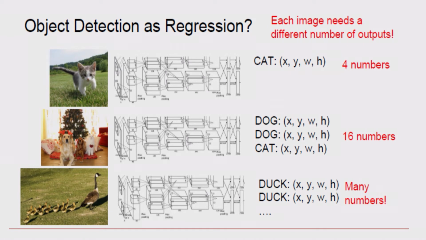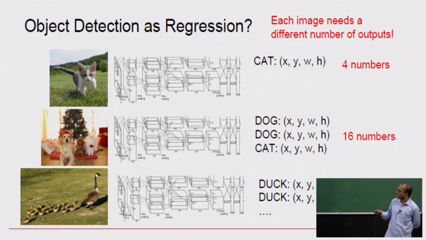But the problem is when we have multiple objects, we cannot simply go with a classification and regression framework. We may have several objects, and one way of dealing with it is to get each object annotated by different x, y, h, w's, and run a deep learning model to get the localization and the class label for each of them.